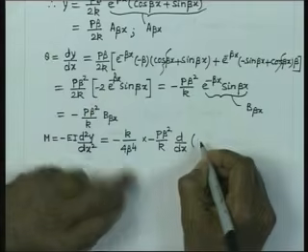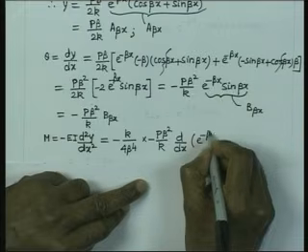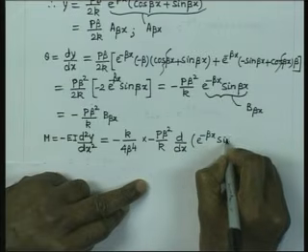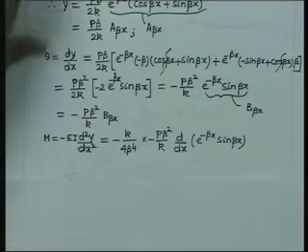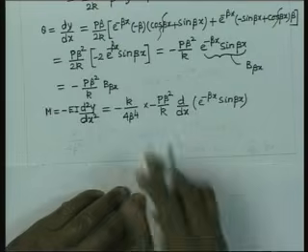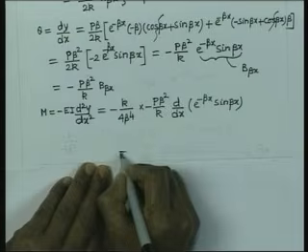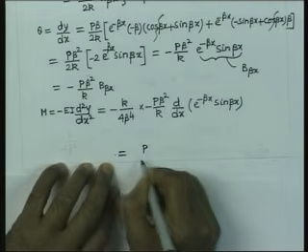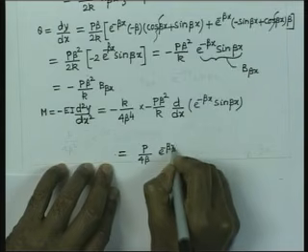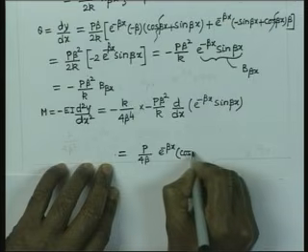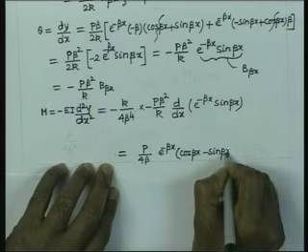It is e to the power minus beta x into sin beta x, and this finally gives us, it is quite simple, so I will skip this step, M equal to p by 4 beta e to the power minus beta x into cosine beta x minus sin beta x.